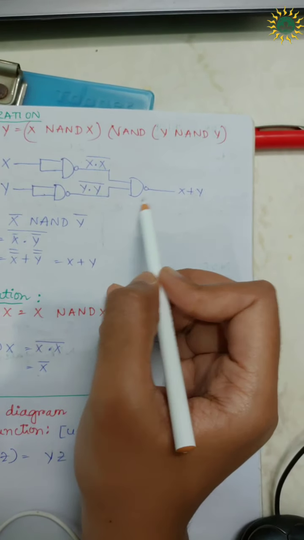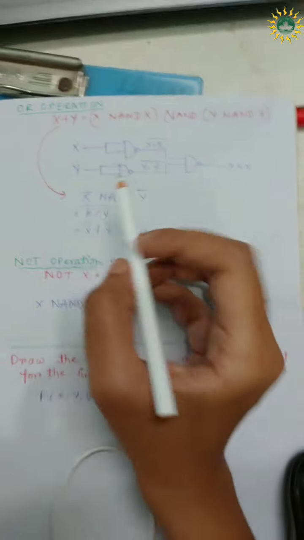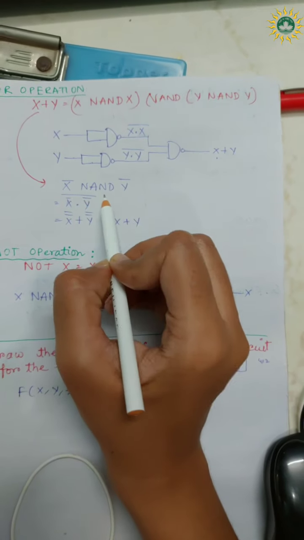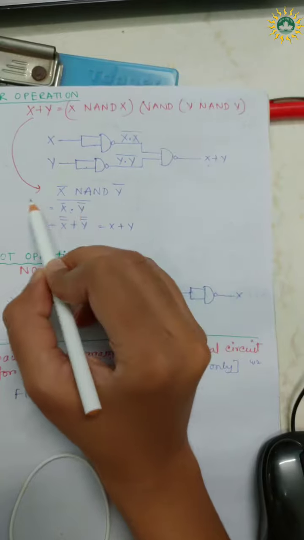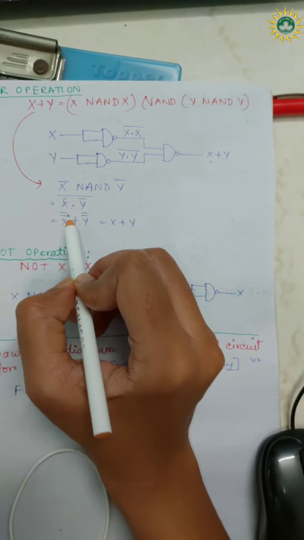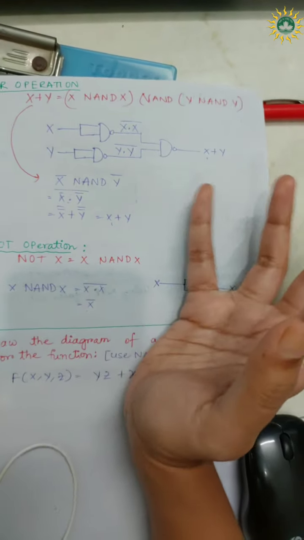Then you will pass it through another NAND gate, which will give you x plus y. X bar NAND y bar gives you x bar dot y bar whole bar, which gives you x bar bar plus y bar bar, which gives you x plus y.